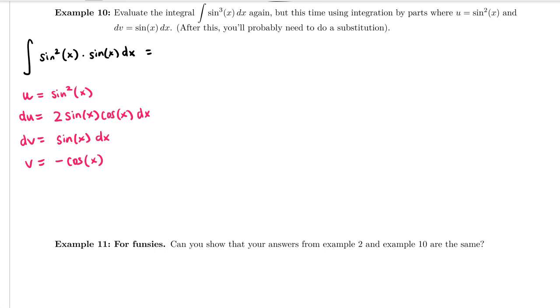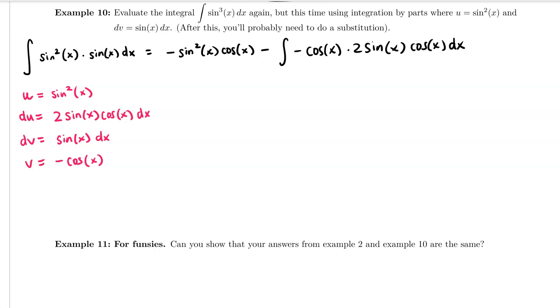Okay, so u v minus the integral of v du, we have negative sine squared x times cosine of x minus the integral of v du. So I have negative cosine of x times 2 sine of x times cosine of x dx.